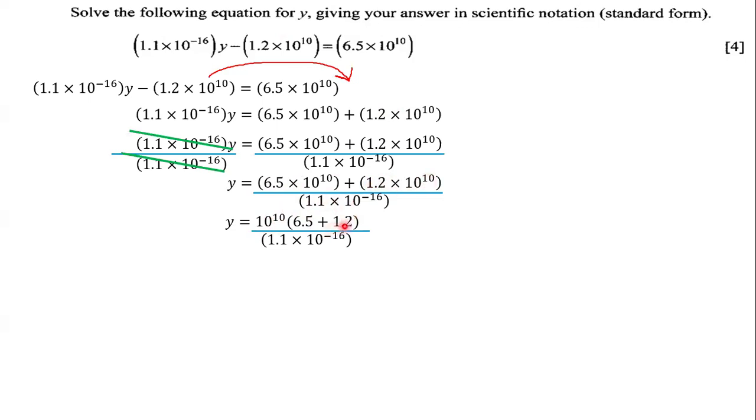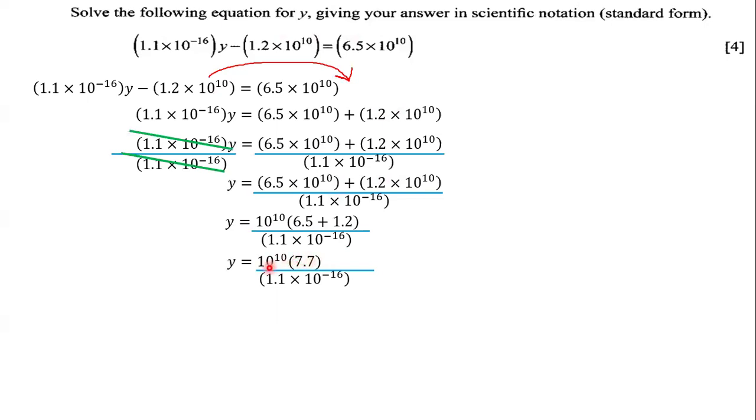So basically, the numerator is the factored form of the expression on top. Next, we have 6.5 plus 1.2, which is definitely 7.7.